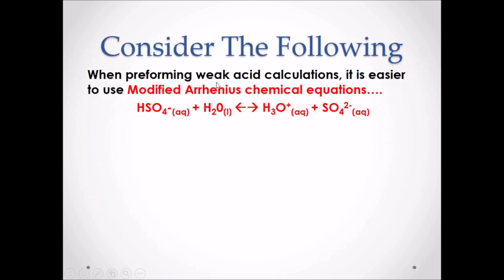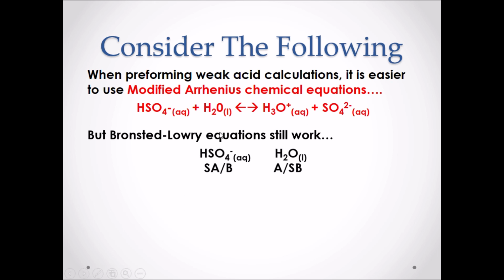When performing weak acid calculations, it is easier, again, to use modified Arrhenius chemical equations. For example, if we have the weak acid HSO4-, it will again react with water to form an equilibrium reaction, producing H3O+ and SO4 2-. It is important to note that the Bronsted-Lowry reaction will also work, and it will produce the same chemical equation.